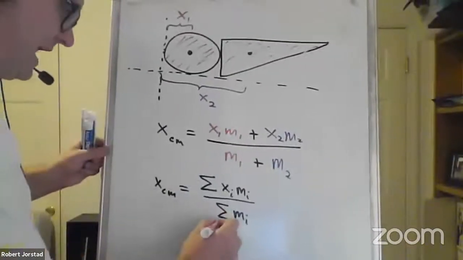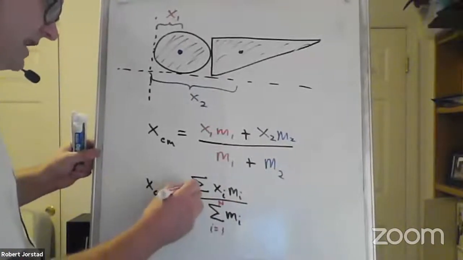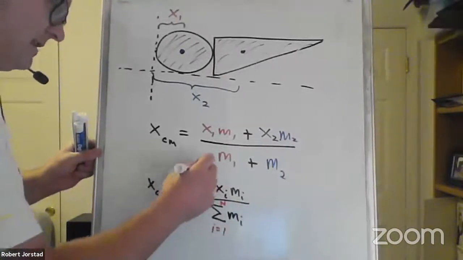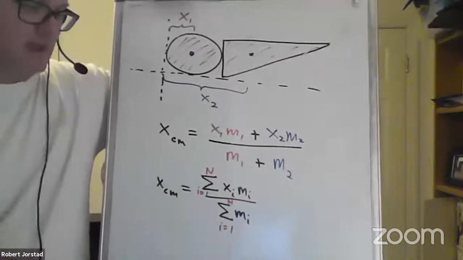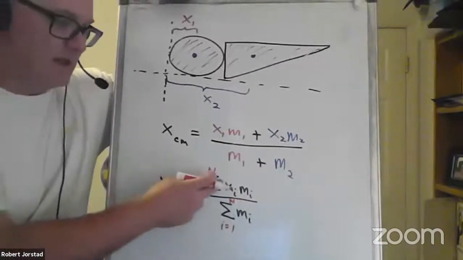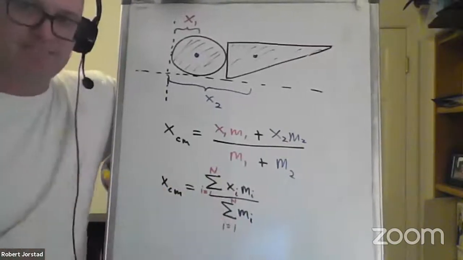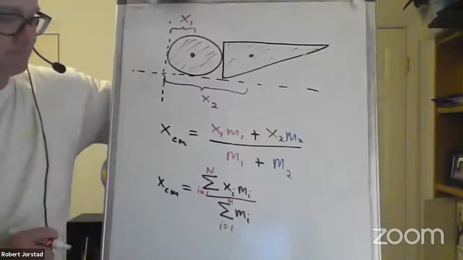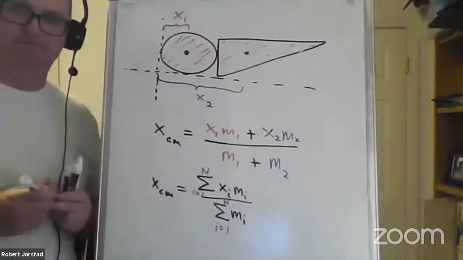This would be from i equals 1 to n. And here I would say i equals 1 to n. But yeah, this is how it might look in sigma notation. The idea is it's the weighted positions over the total mass. All right. Any questions about that right now?